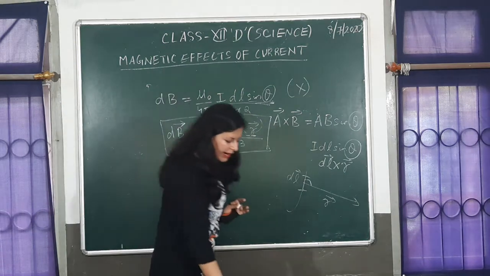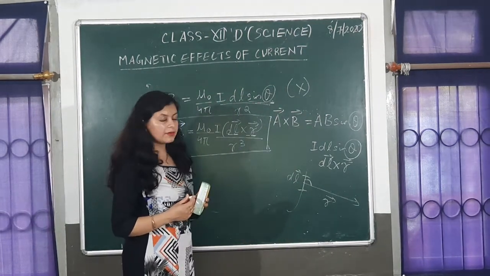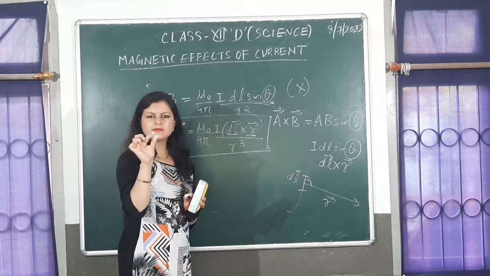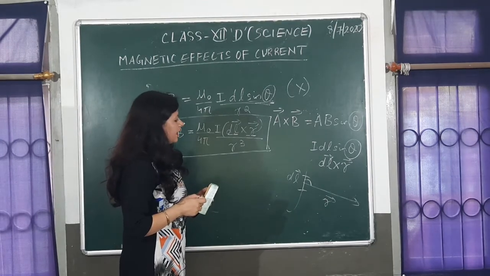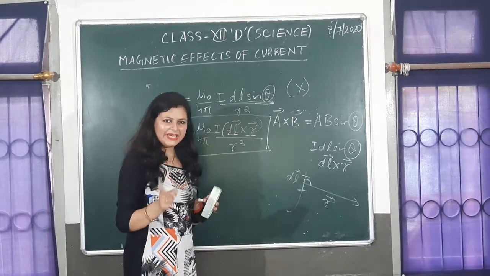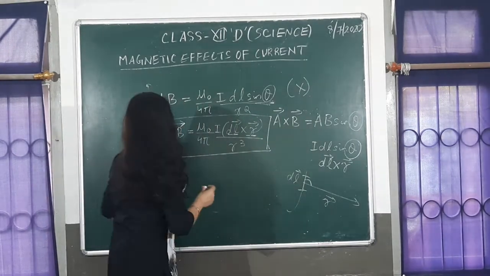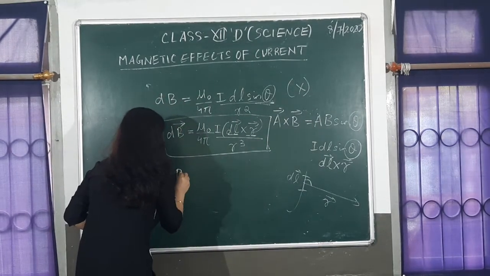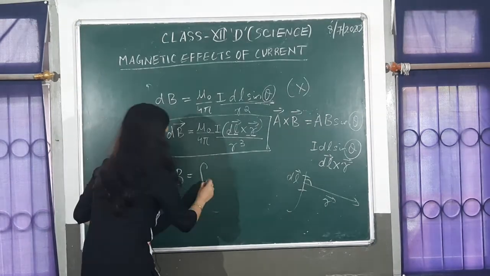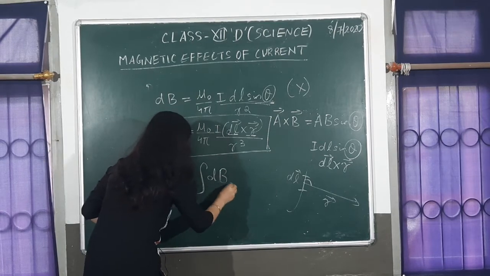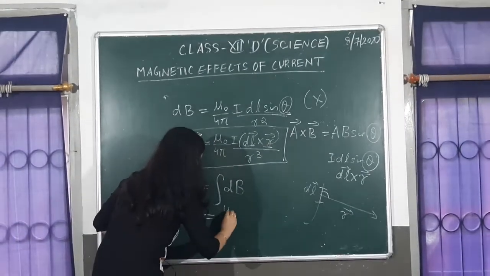Now, as I told you, Biot-Savart's law gives you the magnetic field induction at a point P because of a very small element. What if I want to find out the magnetic field induction, not dB now, B, because of this entire length of the wire? To do that, B will be the integration of dB, which will be equal to, I'll take the scalar form, mu naught by 4 pi.